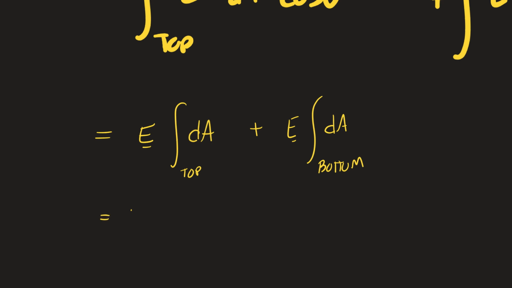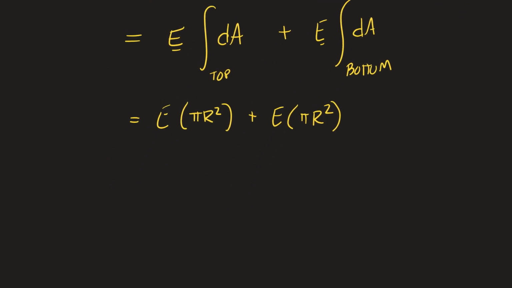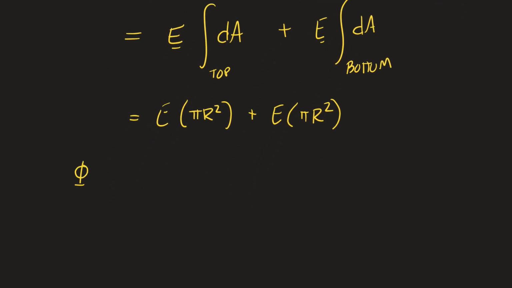So for each of these, since the top and bottom have the same area, it's pi r squared and pi r squared, giving me a total electric flux that equals E pi r squared times 2.